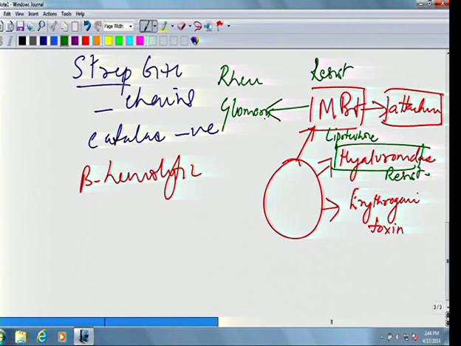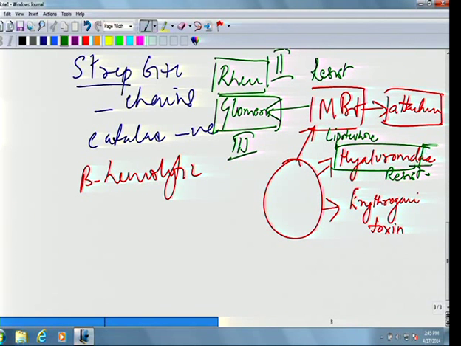What is the immunological basis? Rheumatic fever is what type of hypersensitivity? Type 2. And glomerulonephritis? Type 3. Good. So you could be tested on these aspects of M protein and its ability to resist phagocytosis.